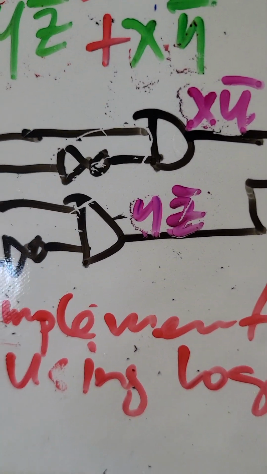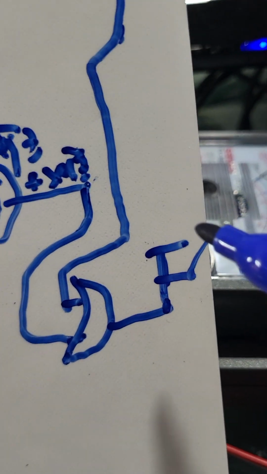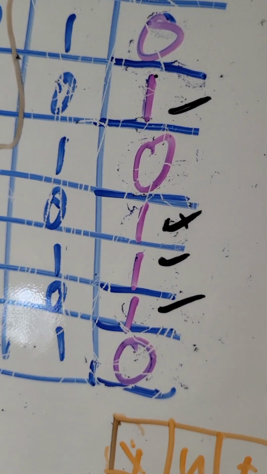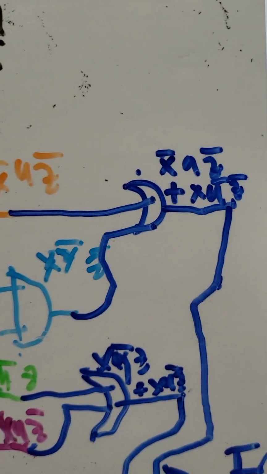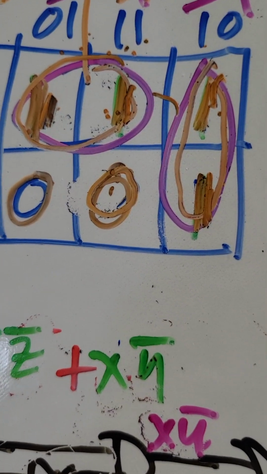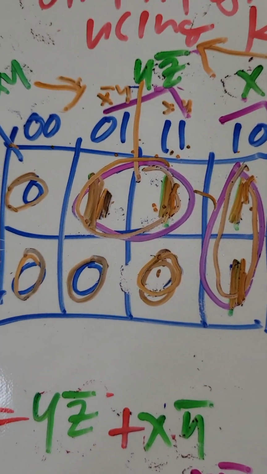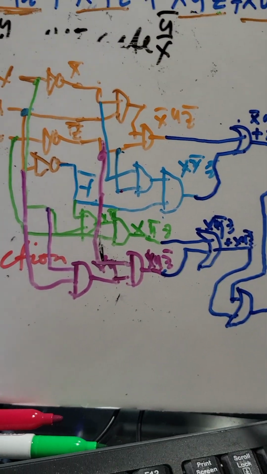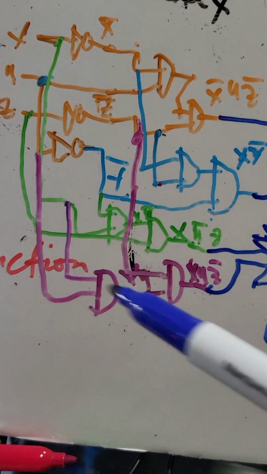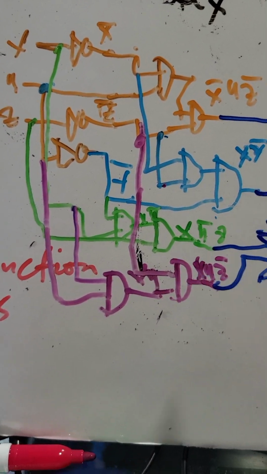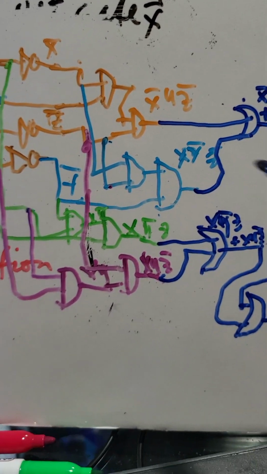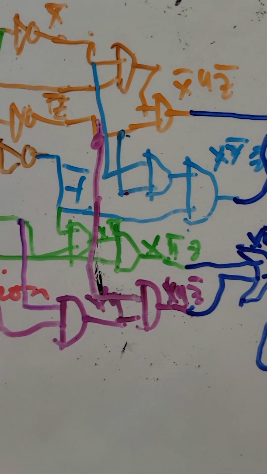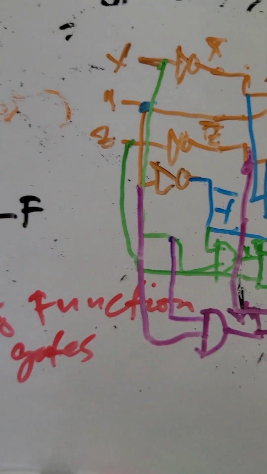This one is only 5 gates, this one is 13 gates, same output, guys, f. So this is why we need to simplify, to avoid having too many gates in one circuit in your design. Saving time and money, of course.